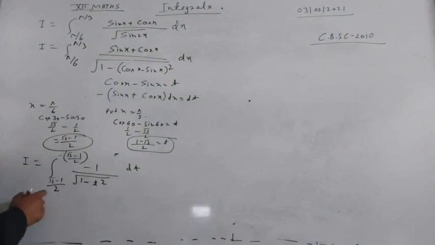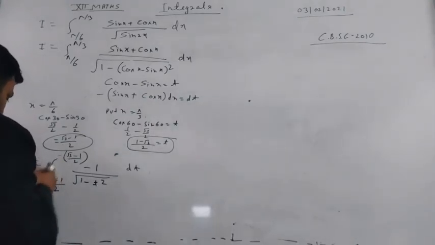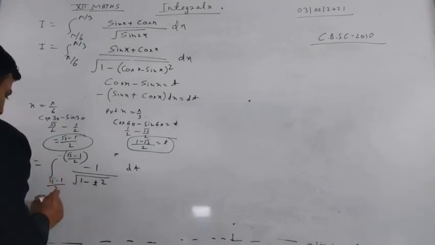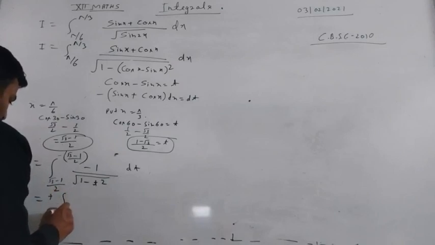So students, when we change the limit, the negative sign comes out, so this will be positive and our limit will be this.